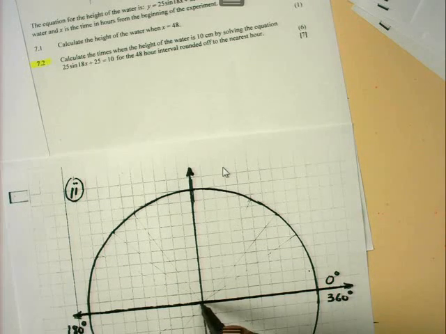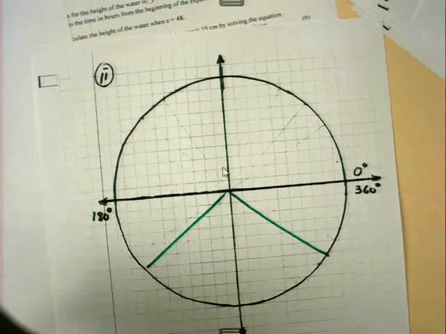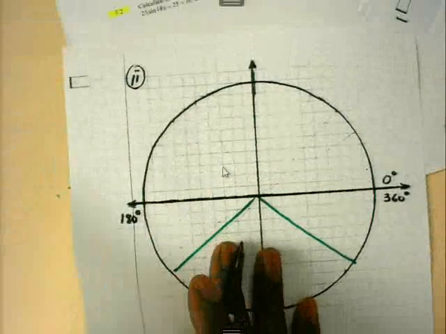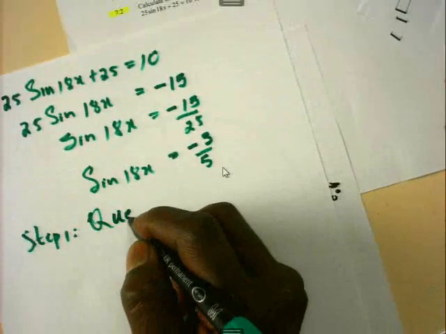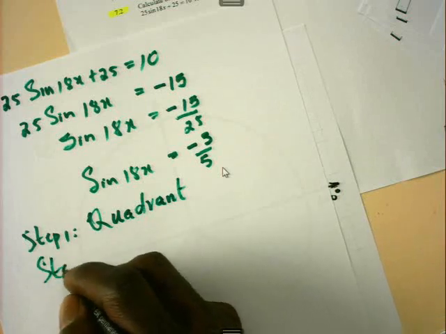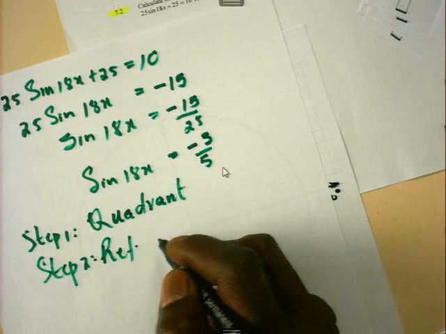Not second, but the third quadrant and the fourth quadrant. Now we have identified the quadrant. Step 2: we must find the reference angle.